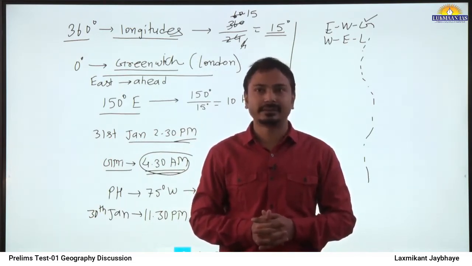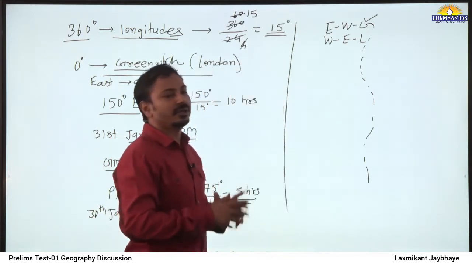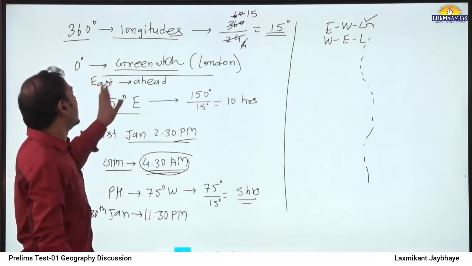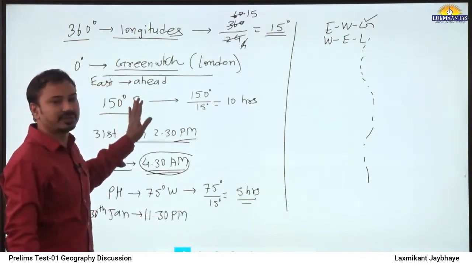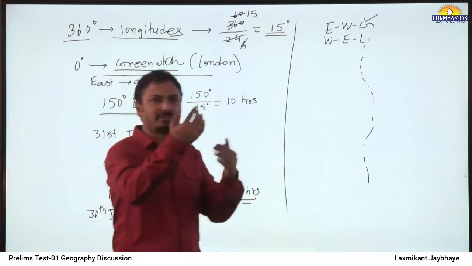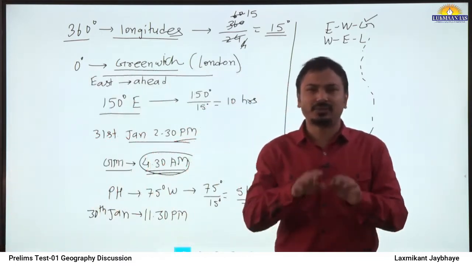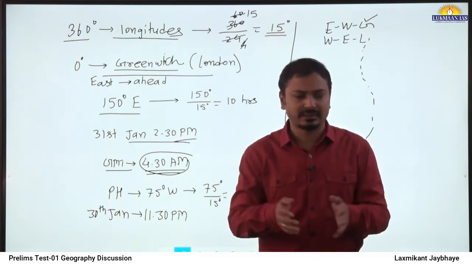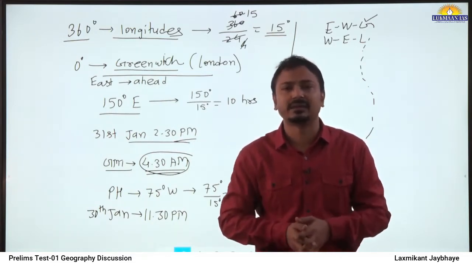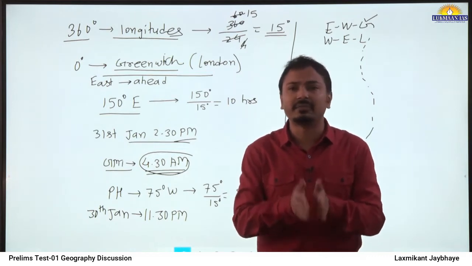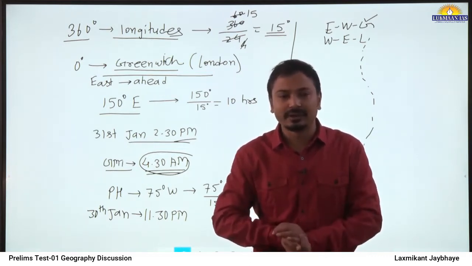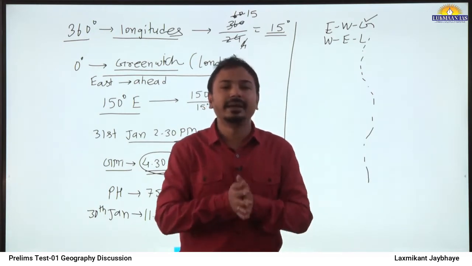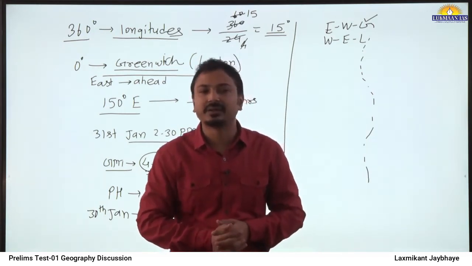Try to understand this. Simply remember this concept, that those places which are east of Greenwich, they are ahead. एक simple logic आप use करिए ना. There is a 5:30 hours difference, 5.5 hours, between Greenwich time and Indian Standard Time. So suppose there is 5:30 p.m. in India.